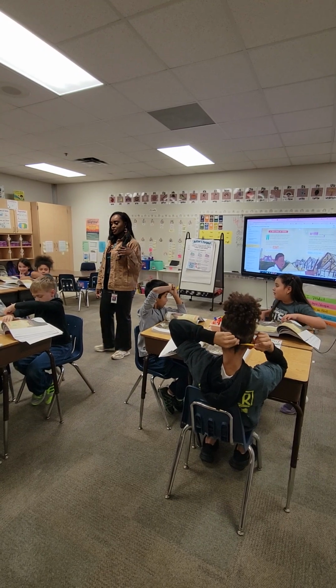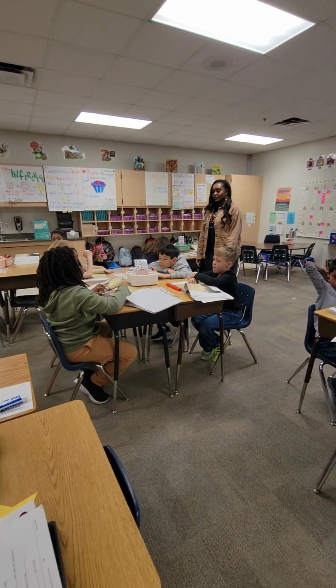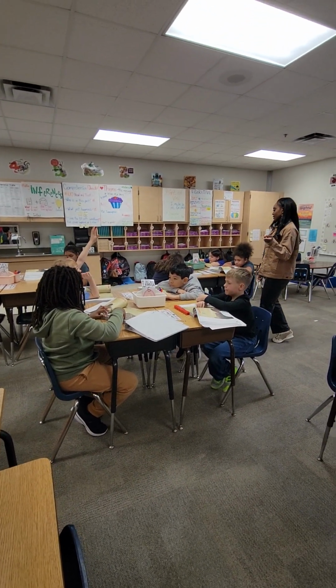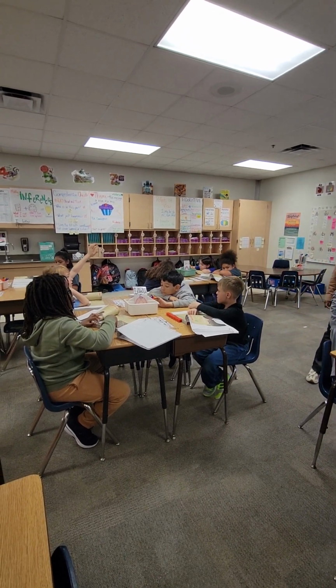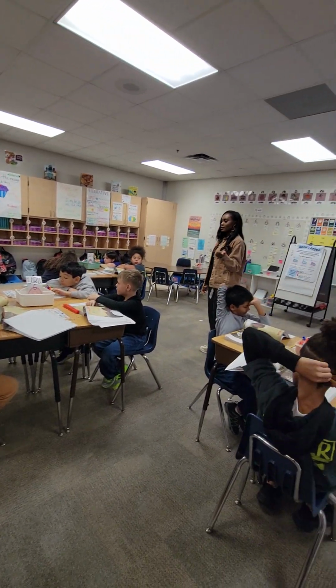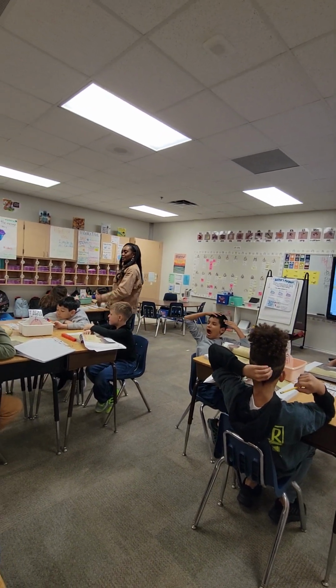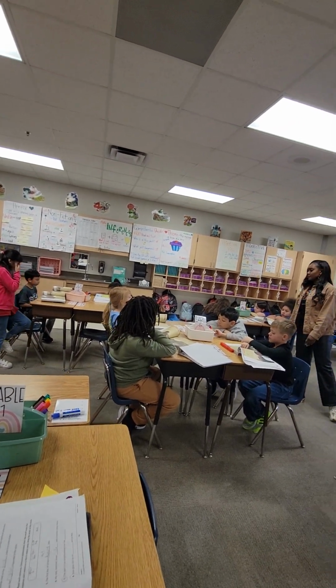Okay, you can look at the pictures, make predictions in your head. Tijani? You can try to find important words. Okay, important words. How do I know if they're important? If they're highlighted or bold. Okay, if they're highlighted or bold or underlined. We're on page 110. And then Olivia? You can find out the point of view.